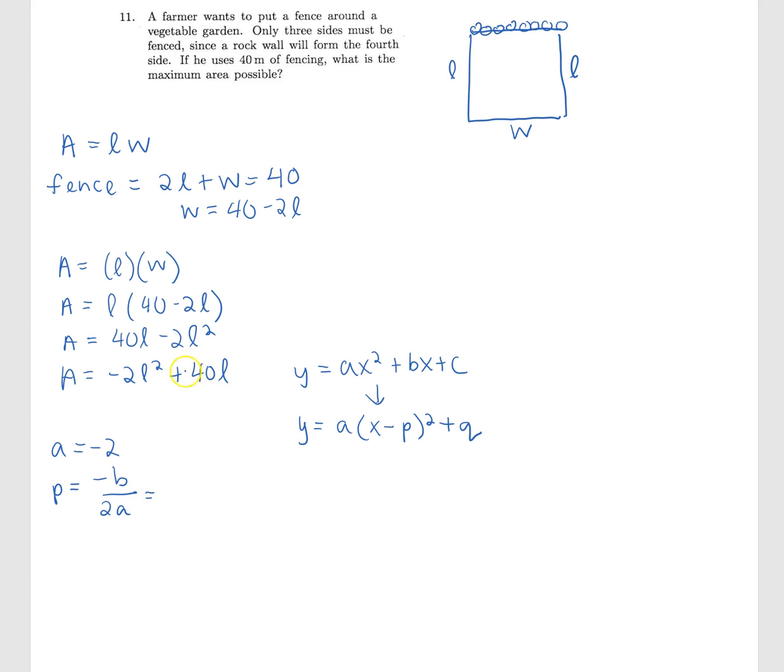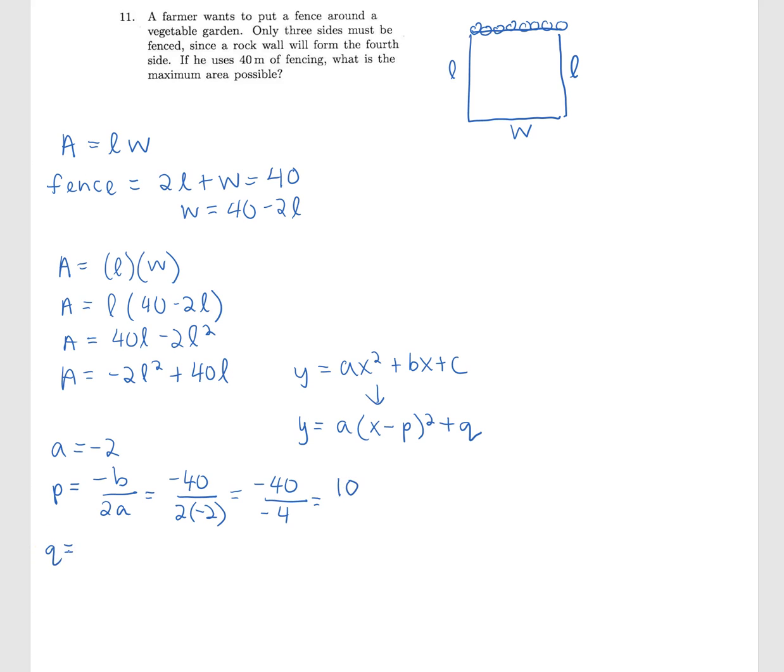B in this case is 40. It's the coefficient on the L term. So we have -40 over 2 times a, which is -2. This gives us -40 over -4, and that evaluates out to +10.